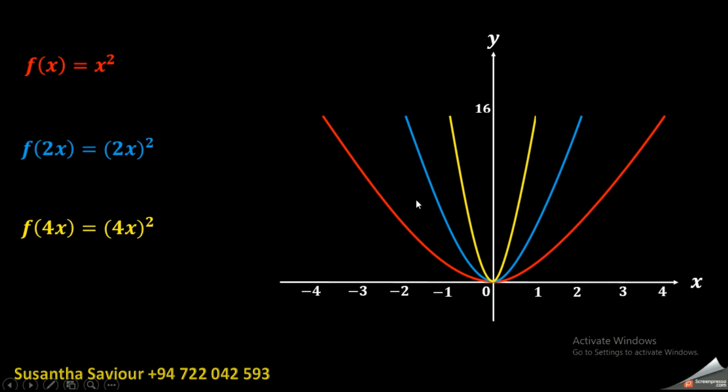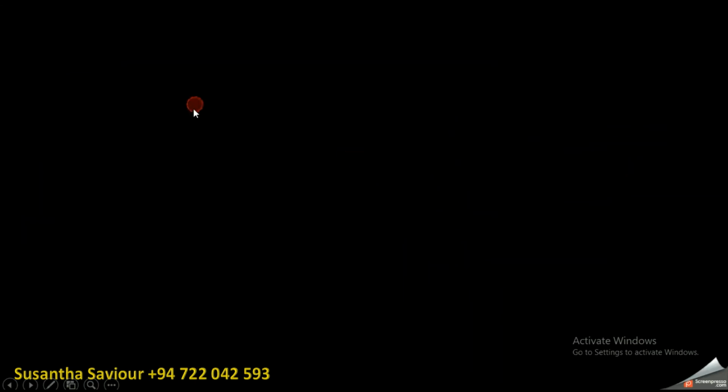This is the curve, right? Now for this original one, when x equals 1, it is 1, right? For this one, x equals 1, it will be 4. So it goes like that.